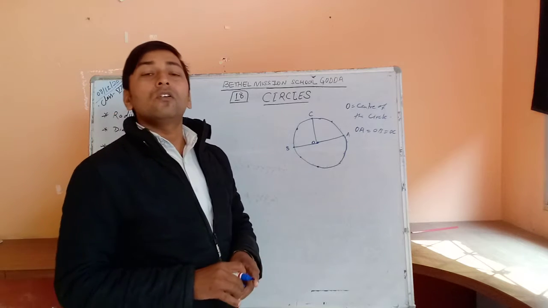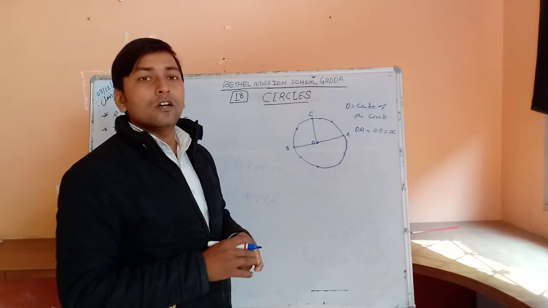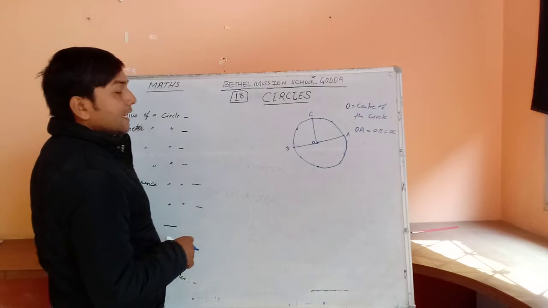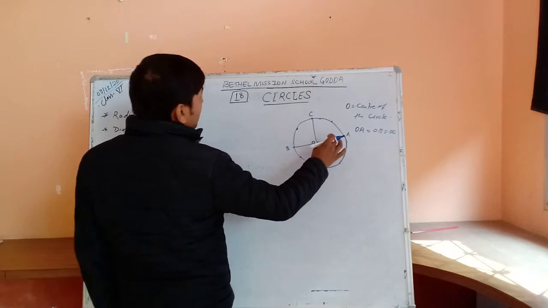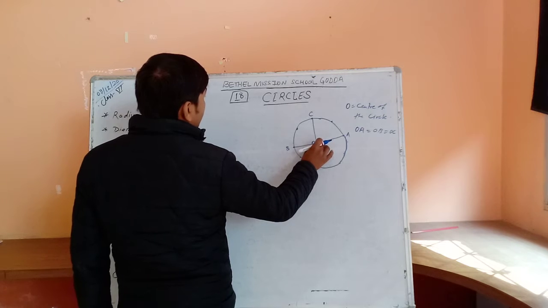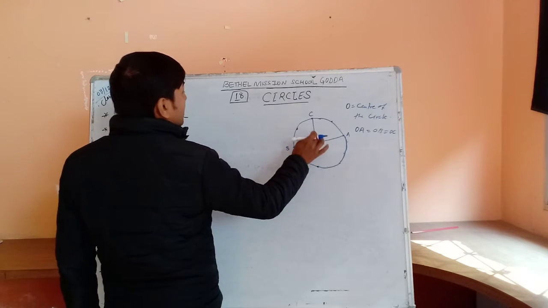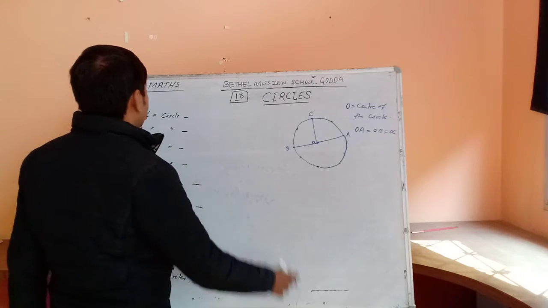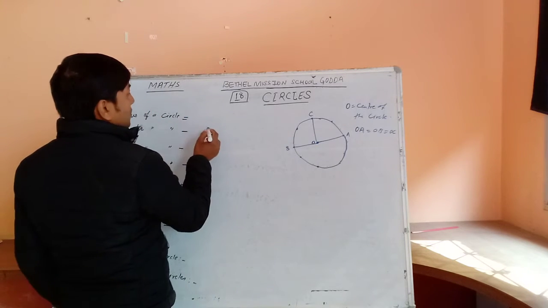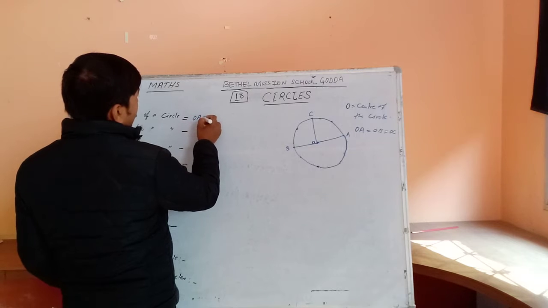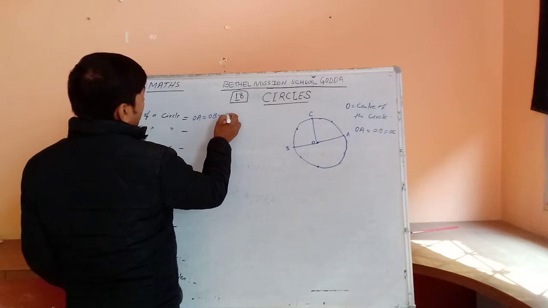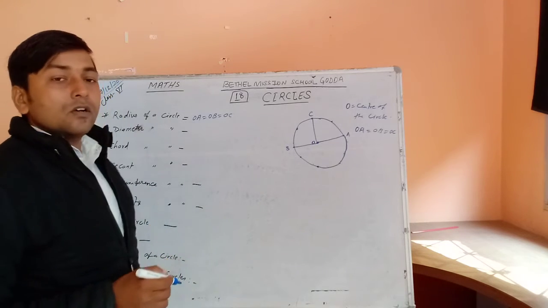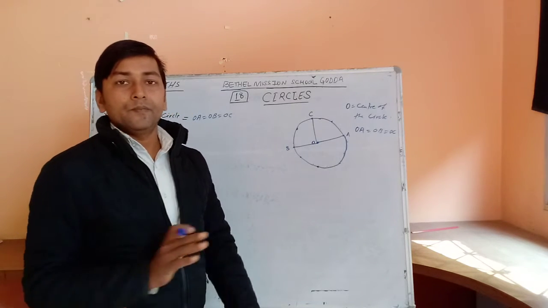These are known as the radius of the circle. What is the radius? The distance between the fixed point, that means center, to the circle, is known as the radius of the circle. OA or OB or OC is known as the radius of the circle.